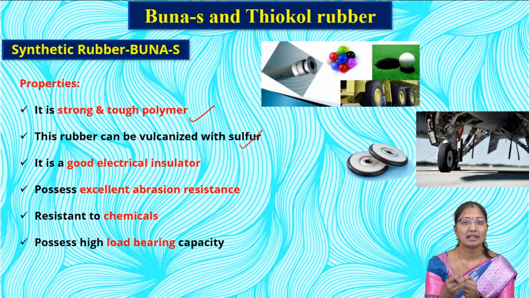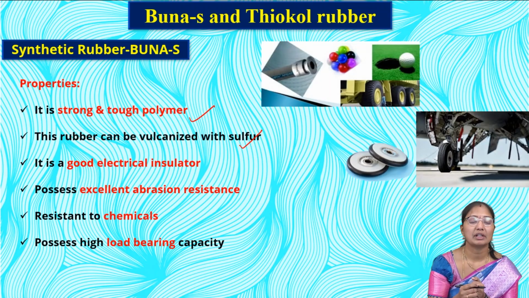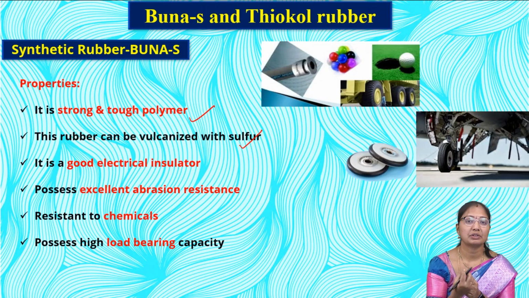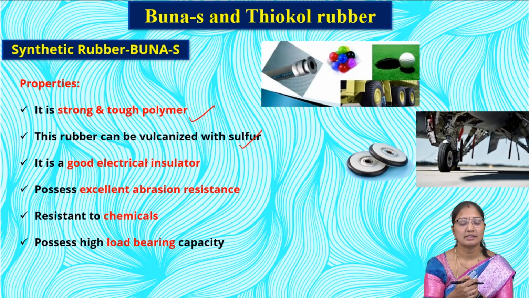We are going to add sulfur. That sulfur acts as a cross-linking agent between the two linear molecules and results in the formation of vulcanized rubber. So the Buna-S is also ready to form crosslinks with sulfur, and so this can be vulcanized by using sulfur.